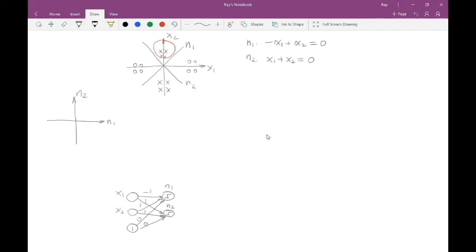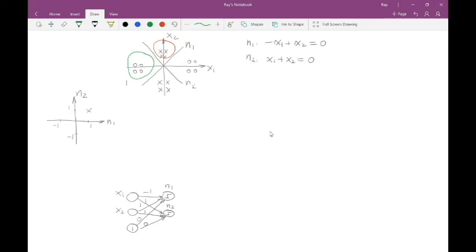Then at point 1, 1, we put a cross there. For any point above line N1 but below line N2, namely this region, the network returns positive 1 and negative 1 at nodes N1 and N2.